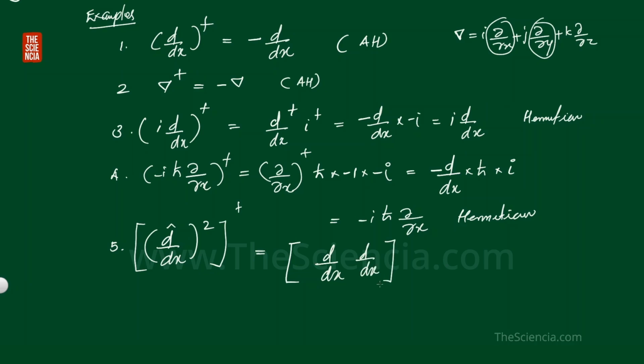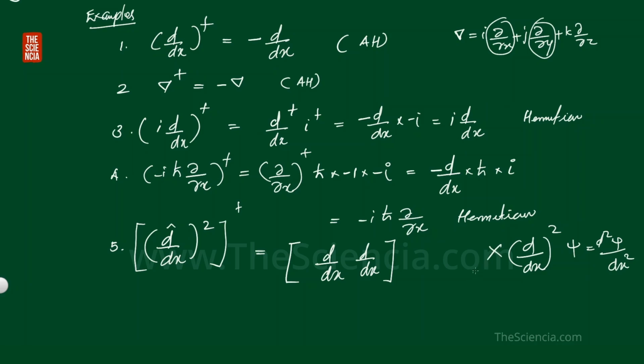If there is an operator like d by dx squared operating on some function, that doesn't equal d square psi by dx square. This is not the case in operator algebra.